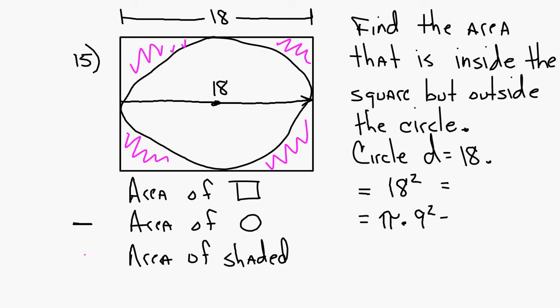So your 18 squared is 324. Now, when you do this circle one, please square the 9 first. 9, x squared button, times, you can use the pi button, equals 254.5.